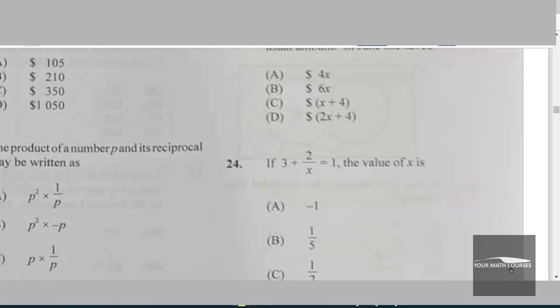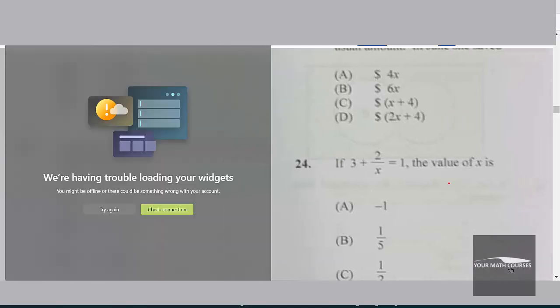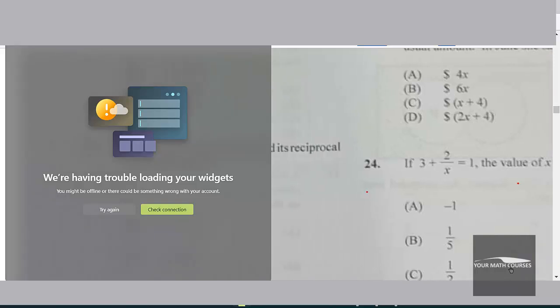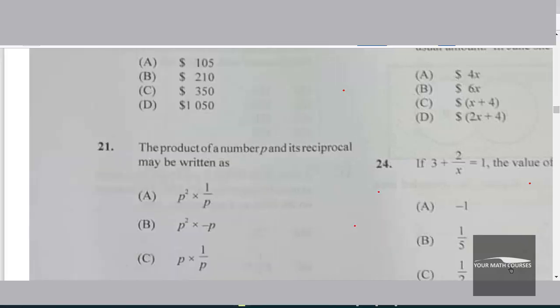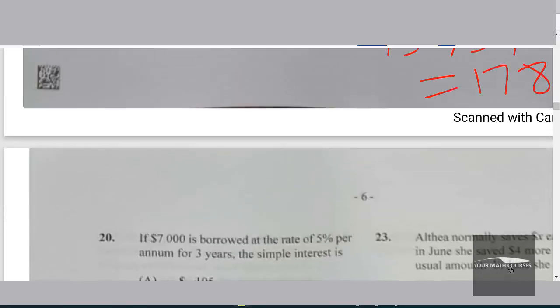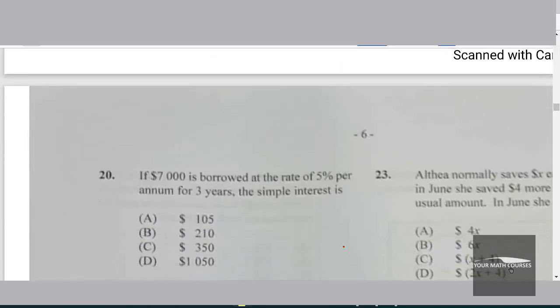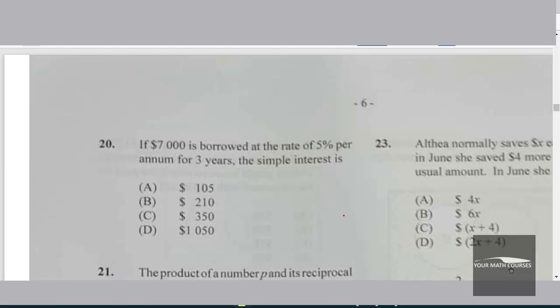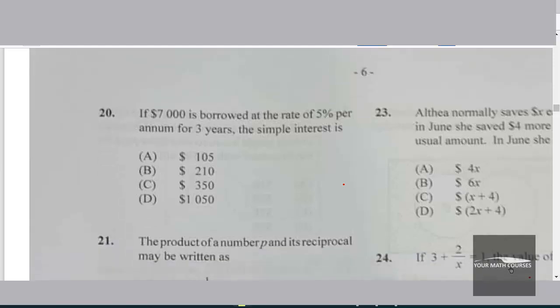Now let's look at the next question, question 20.